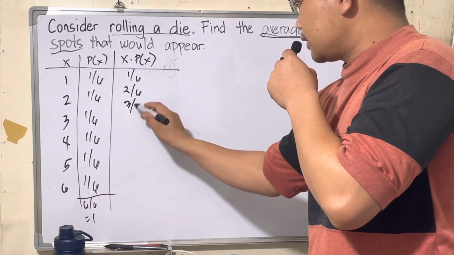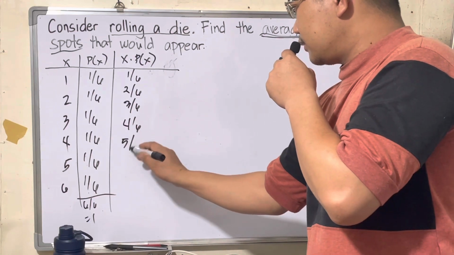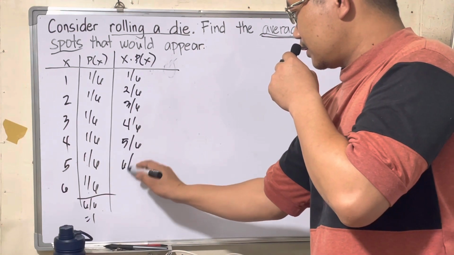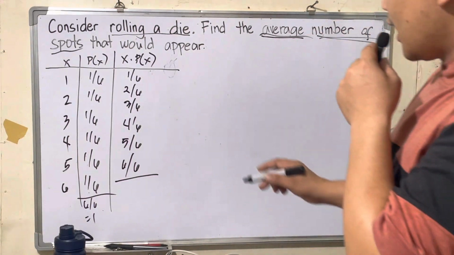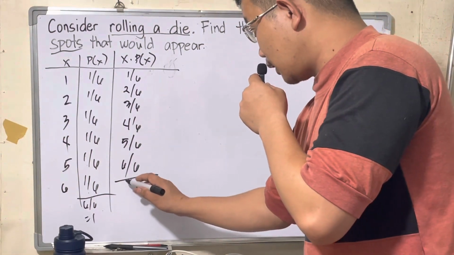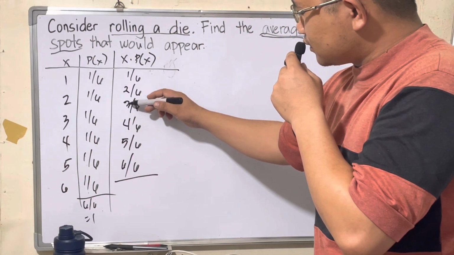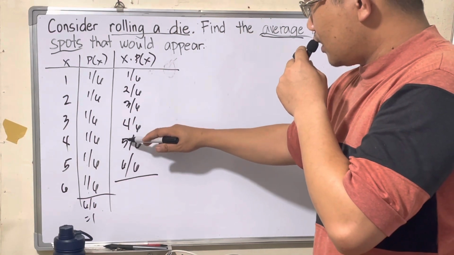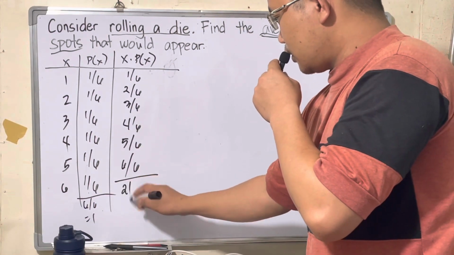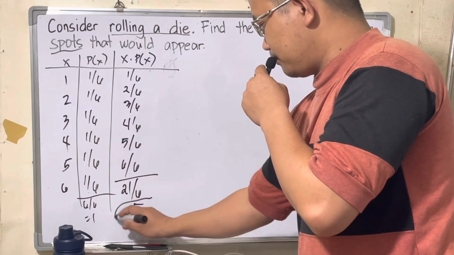This one is 3 over 6, 4 over 6, 5 over 6, and last is 6 over 6. Then we will find the total sum: 6 plus 5 plus 4 plus 3 plus 2 plus 1, that is 21. Divide by 6, and that is 3.5.